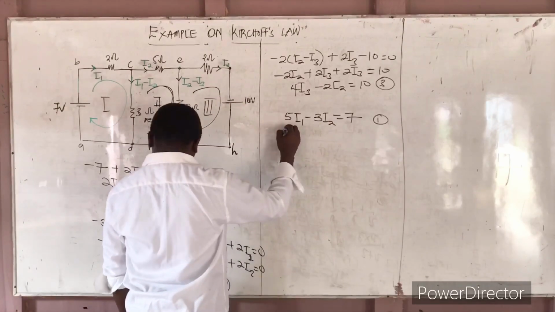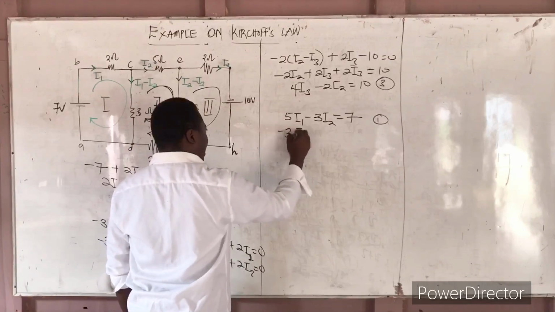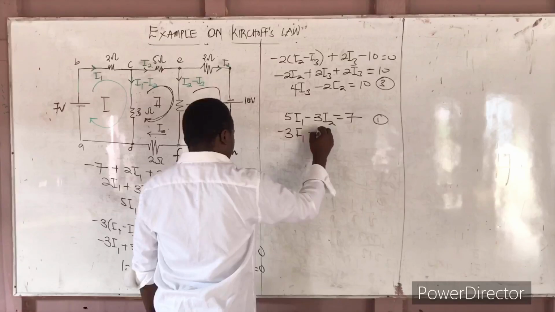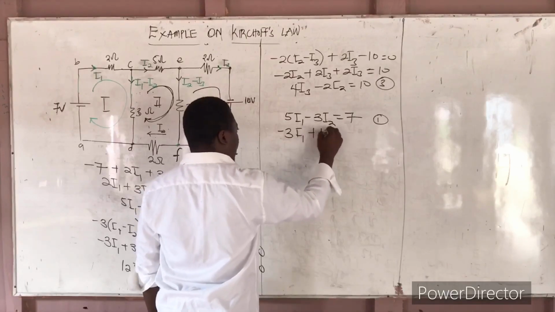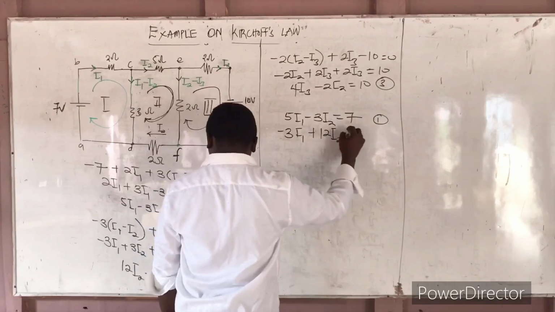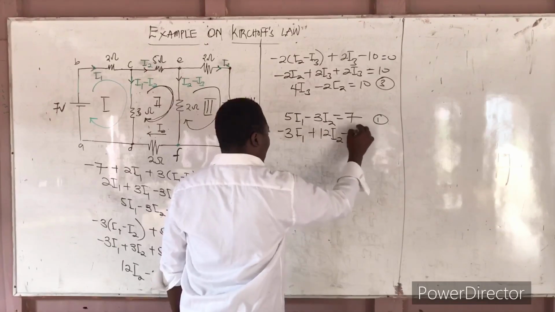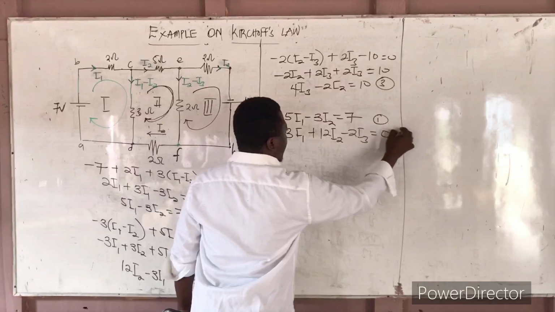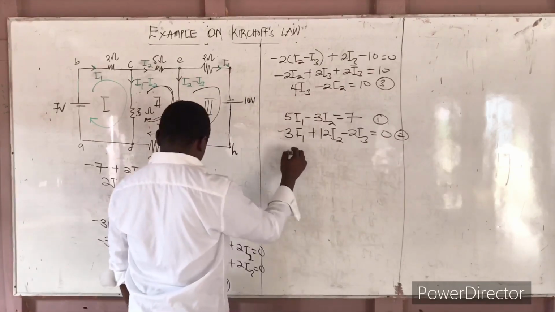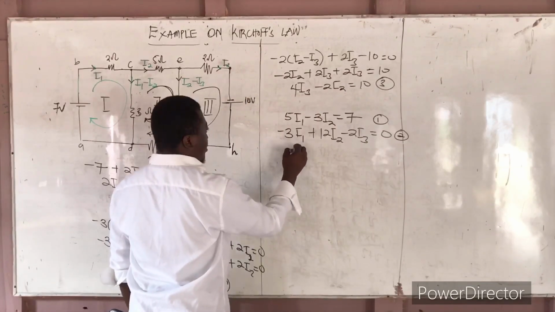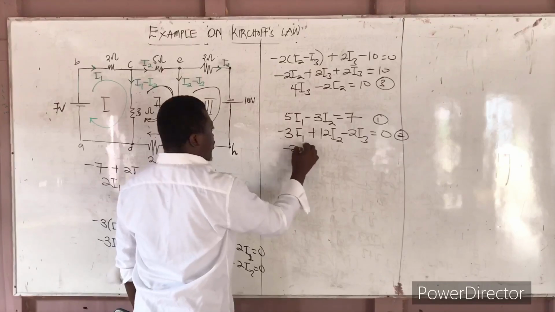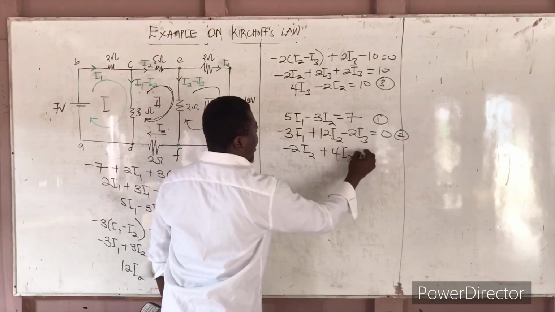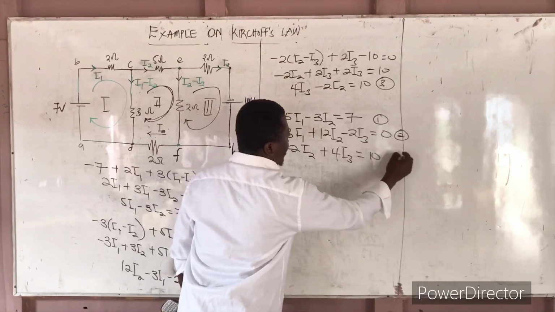We have minus 3I1 plus 12I2 minus 2I3 is equal to 0, that's our equation 2. Then we have the last equation, which is negative 2I2 plus 4I3 is equal to 10, that's our equation 3.